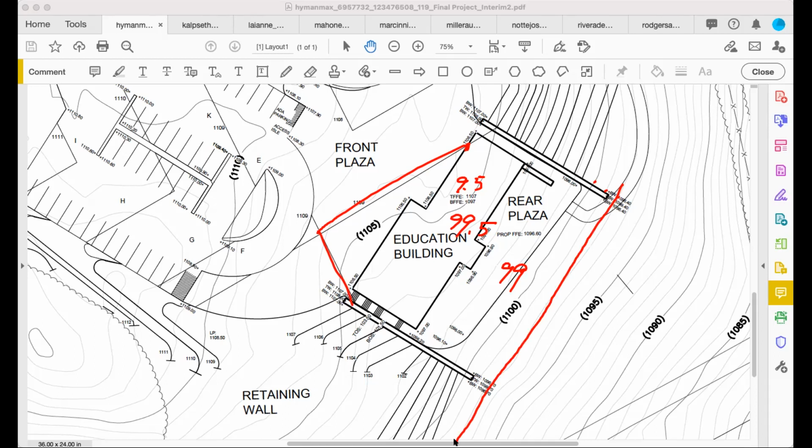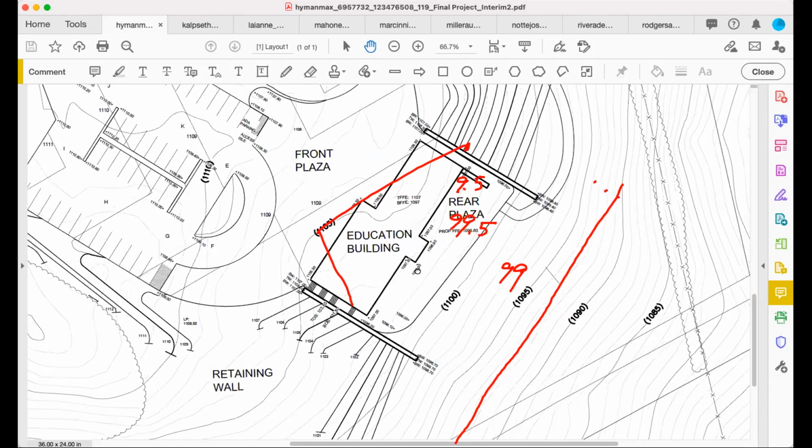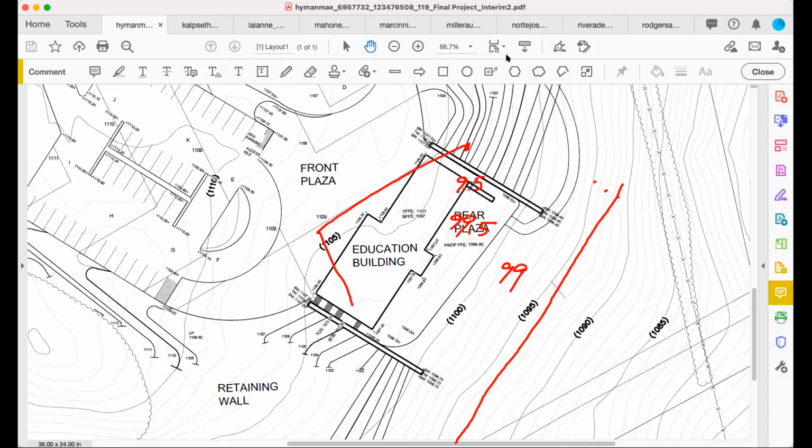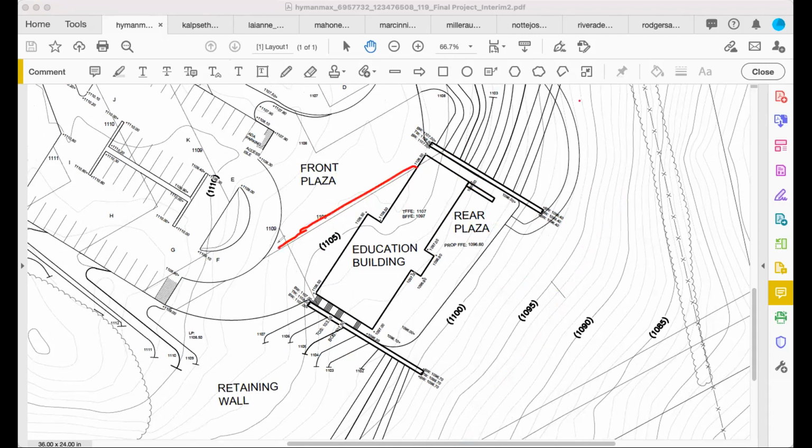And then what we just need to do is zoom back out a little bit. So 99, 99, 98. Yeah, that doesn't need to be changed.